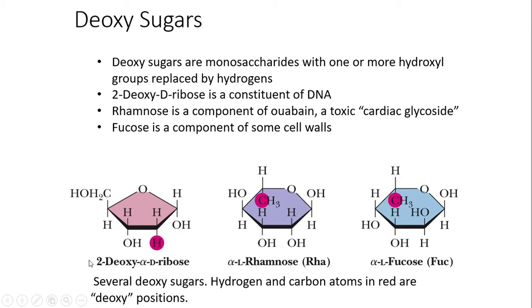So that's where that 2-deoxy comes in. A couple other examples here. I'm not going to go through those, but again, we've got hydrogens replacing hydroxyl groups. These might also be found in glycoproteins and polysaccharides.